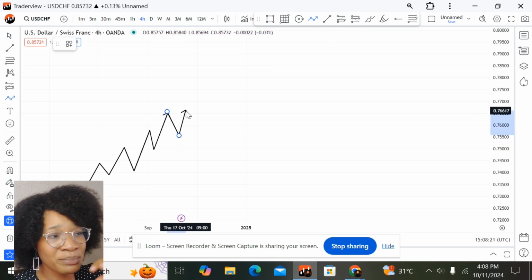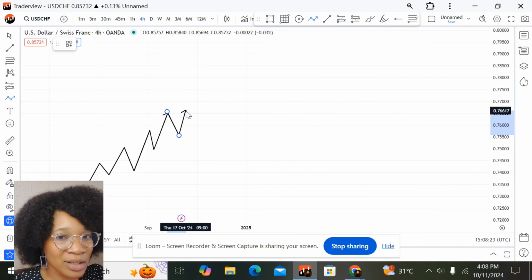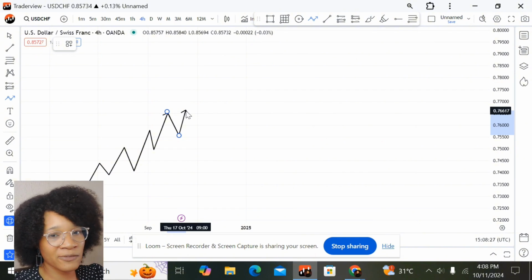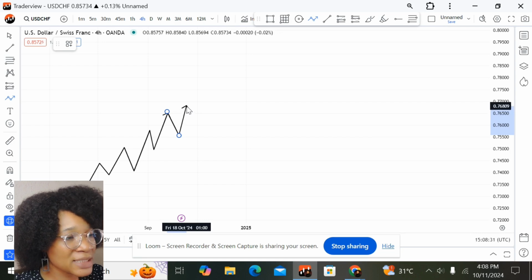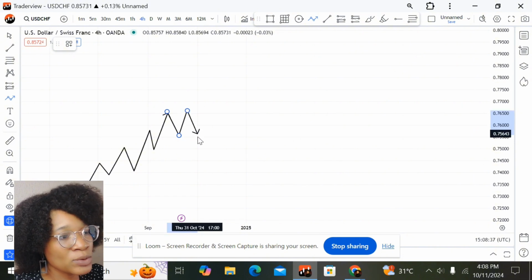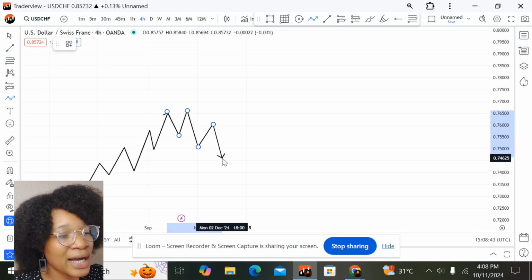It may not be the exact price or the exact spot that price reverses from twice. It may just be a zone, so it may be slightly higher or slightly lower. But the idea is, price got to a particular zone and then started reversing from there.